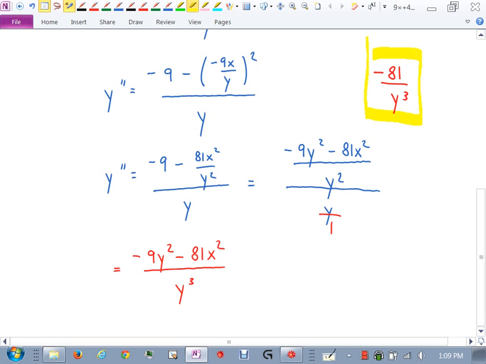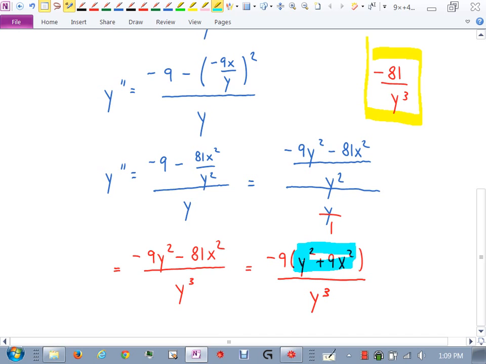Right now, it looks like we have a mess, don't we? Okay, so let's check this out. I think I see it. If you factor out a negative 9 out of the top, you'd be left with y squared plus 9x squared. Do you agree with that? If I factor negative 9 out of the top? Yes? All over what? Y cubed. And check this out.